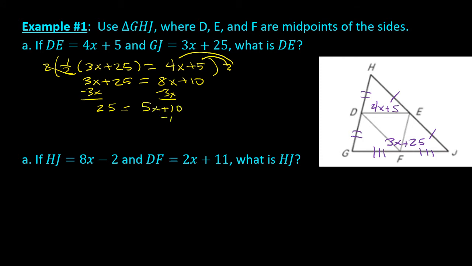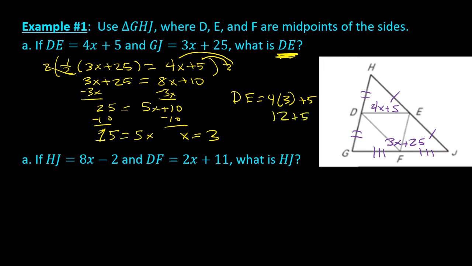I'm going to move that 10 to the other side, and x is going to equal 3. If you go back and look at your problem statement, it asks what is DE. DE is going to be 4 times x, which we found is 3, plus 5, or 17 units long.